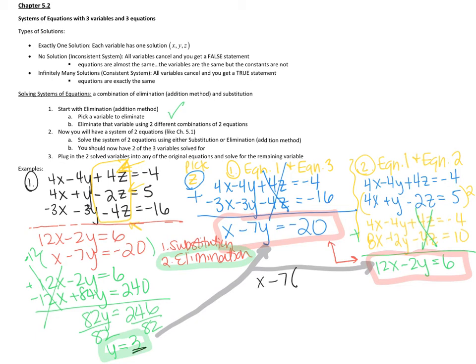Okay, so let's say that I decide I'm going to go back to my x minus 7, and instead of y, I'm going to use the number 3 now, equals negative 20. So I'm going to solve my equation. So I've got x minus 21 equals negative 20. Add that 21. So I'm going to get x equals 1.